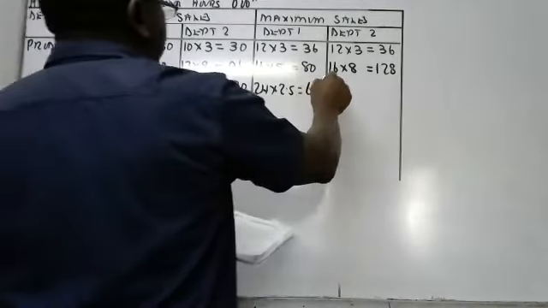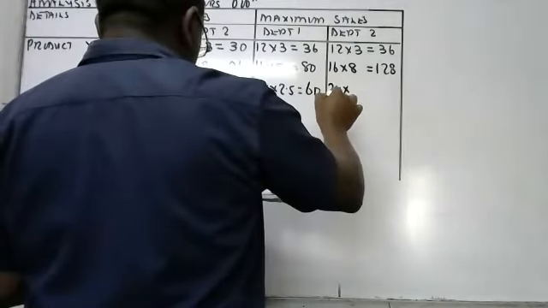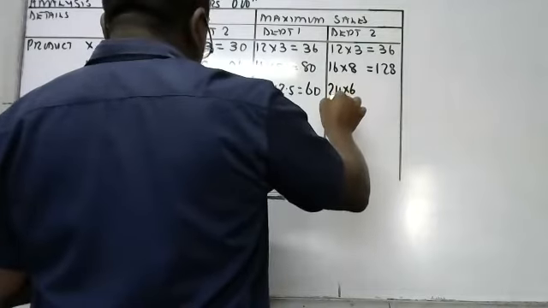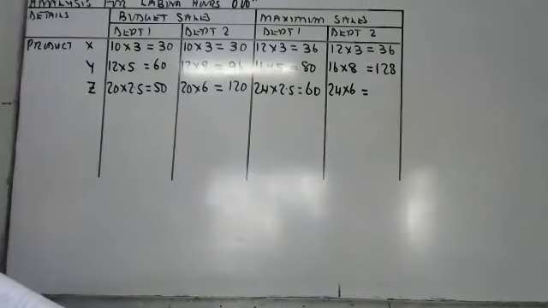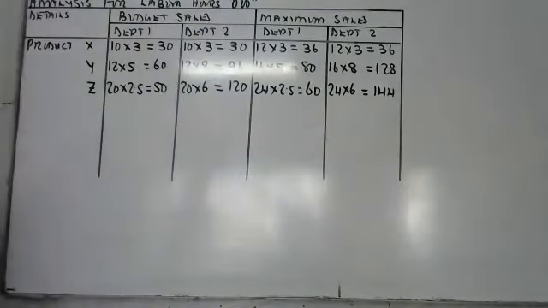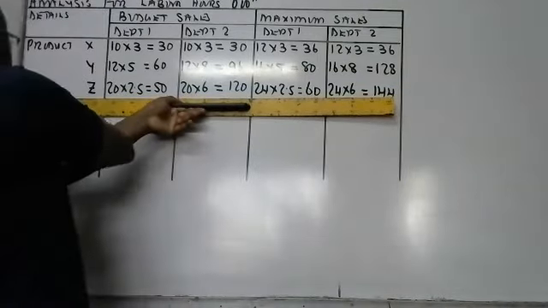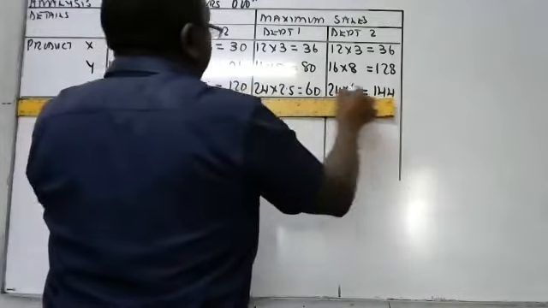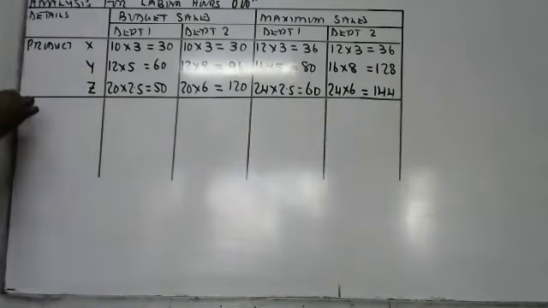And then here, 24 times 6. 24 times 6 is 144. So we get the total.